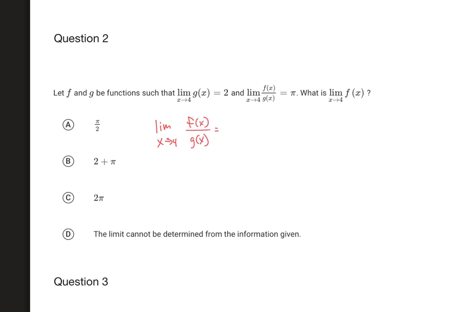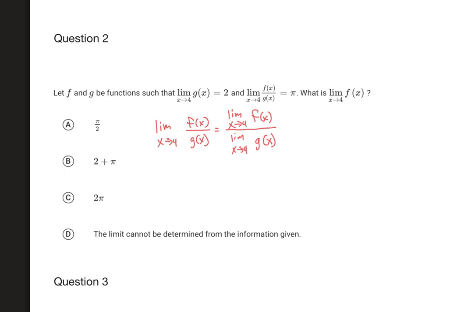Then we can use the property of limits that they distribute to the top and bottom as long as the bottom's not 0. So we can rewrite this as the limit as x approaches 4 of f of x over the limit as x approaches 4 of g of x, just distributing the limit to the top and bottom.